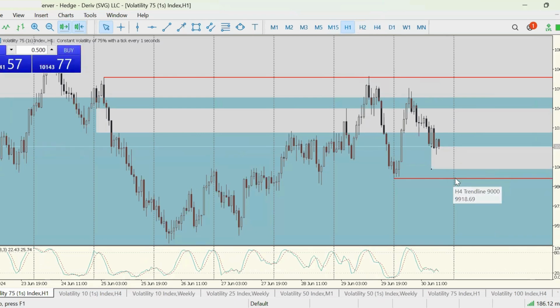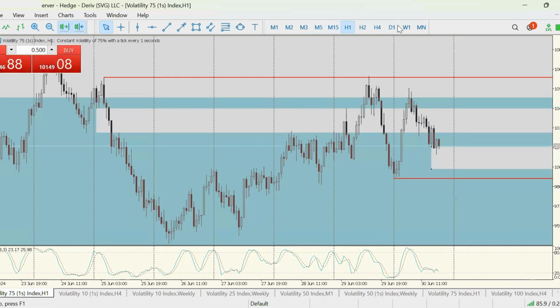If the next day candlestick, like the candlestick from the Monday daily candlestick, closes around this area and we see price pushing to the upside, this is going to be our manipulation. And we'll definitely enter when market taps into whatever fair value gap that we're going to see from any of these time frames: H4, H1, M15, M5, and so on.